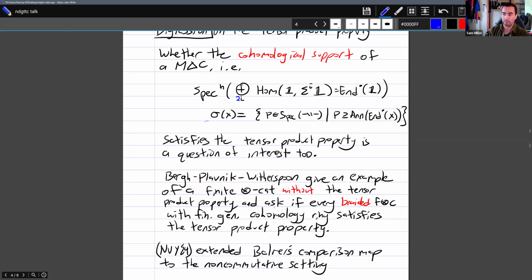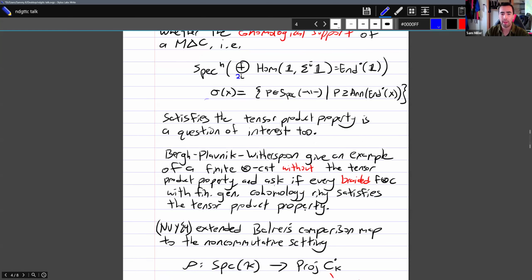So this is actually using one of these Benson-Witherspoon-esque type constructions, and they ask the question if every braided finite tensor category that has finitely generated cohomology, this is conjectured to exist by Etingof and Ostrik, satisfies this tensor product property. They've shown it for some examples, I believe only in characteristic 0, but it's still very much open as far as I know.